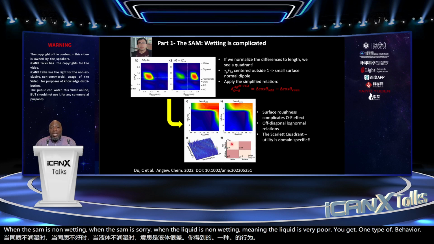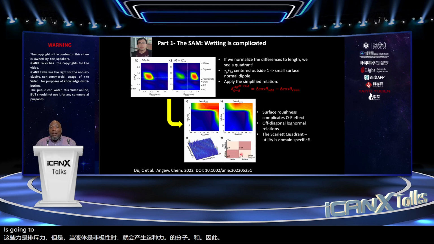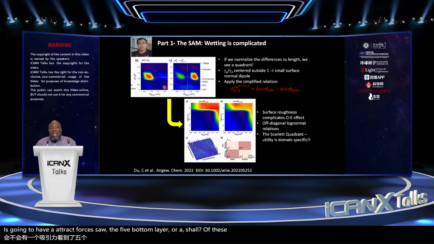The forces are repulsive. However, when the liquid is non-polar, it's going to wet these kinds of molecules, and therefore it's going to have attractive forces. So the first bottom layer or shell of this quadrant here represents attractive interactions, and the top is repulsive interaction. And then, of course, this side here represents SAM-dominated behavior, while this side here represents surface-dominated behavior.